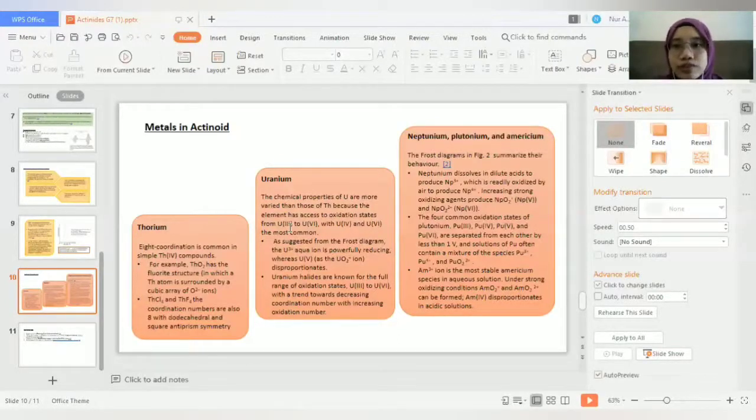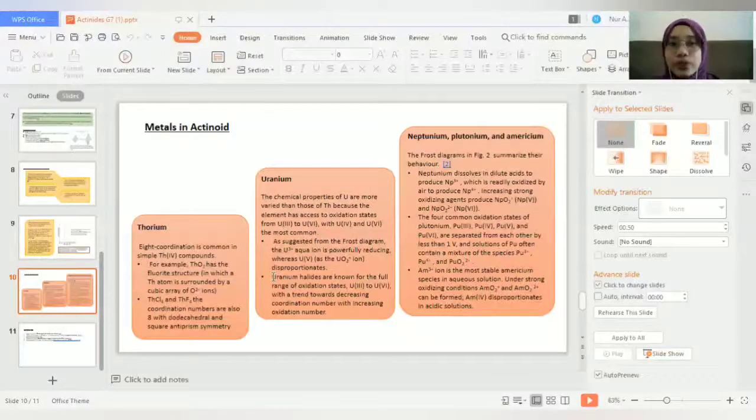This can be observed from the Frost diagram. In the Frost diagram, uranium 3 aqua is strongly reducing, and uranium halides are known for the full range of oxidation states, from uranium 3 to uranium 6, which shows a trend: if the coordination number decreases, the oxidation number increases.